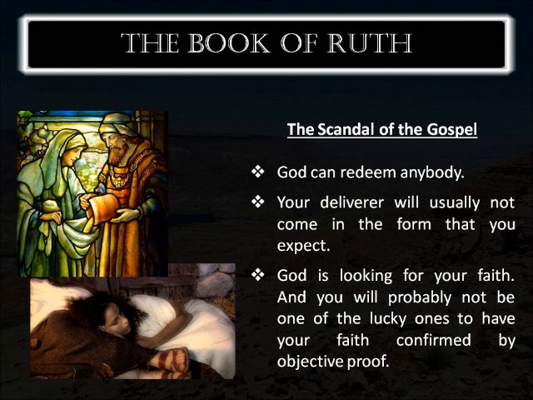Just like when they are traveling from Moab to Bethlehem, and they travel safely, we have to trust that God is behind it. Now, the scandal of the gospel is this, that A, God can redeem anyone, and B, that there will usually be no objective proof when the salvation has occurred.